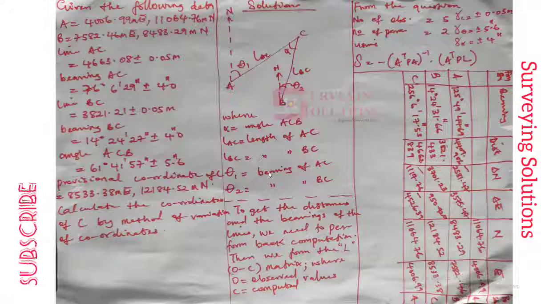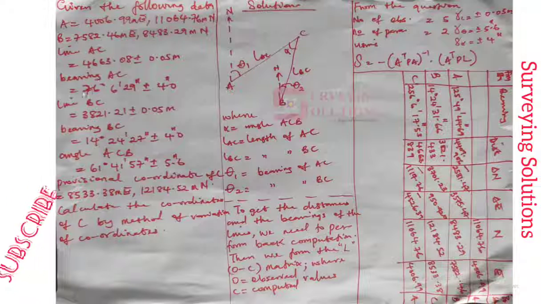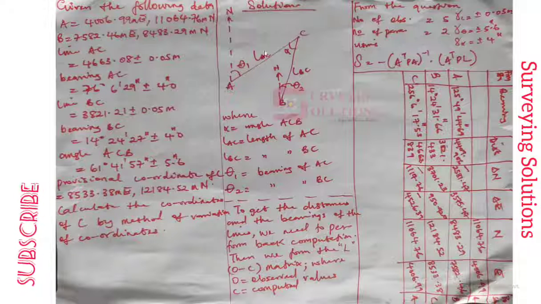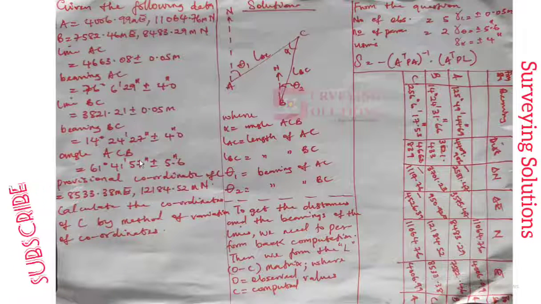So now, from the equation, we have the number of observations. We have 5 observations because we have the length and bearing of AC, the length and bearing of BC, and then we also have the angle observed at station C. So you can see we have 1, 2, 3, 4, and 5.